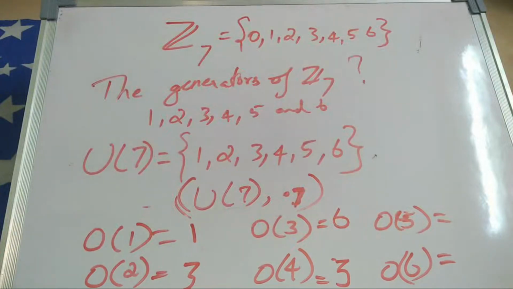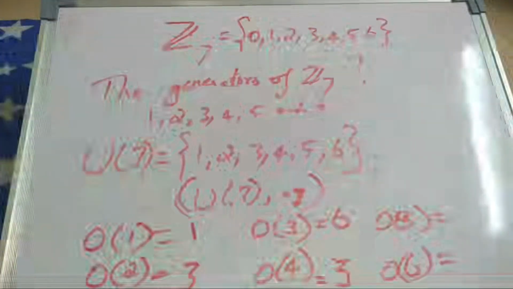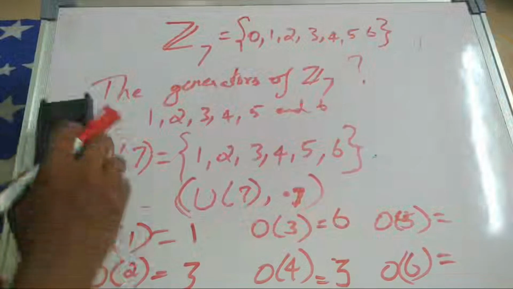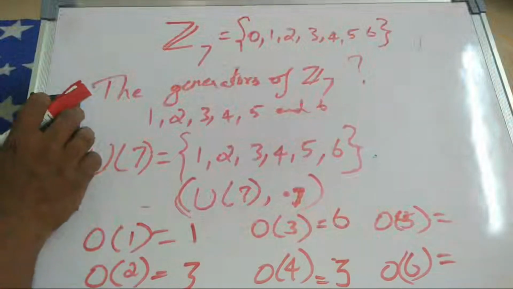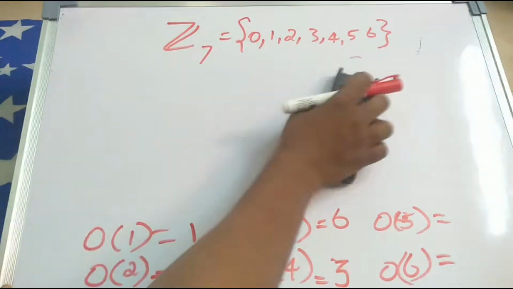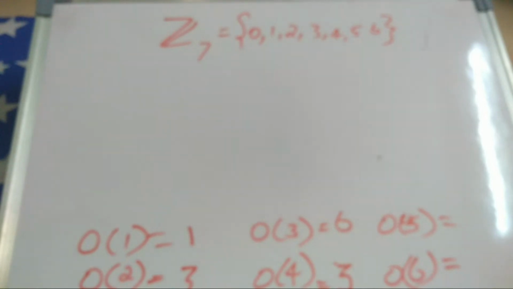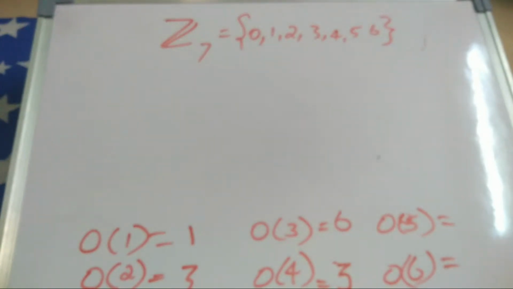Very fine. Let me calculate it and show it to you in an easier way so that it will not take so much time. So maybe I will erase this. Because we have multiplication modulo 7, it will be easy to calculate hereafter.